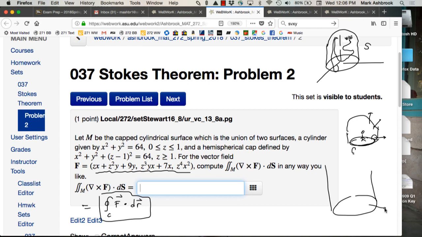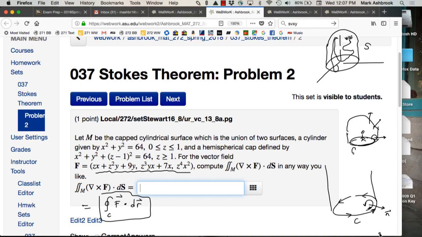Take an N, that's the upward orientation of the surface, and according to that, it would be counterclockwise like that. So you look at where it's close to C, it's going to go the same direction. So C would be oriented this way. Does that answer it? Cool.